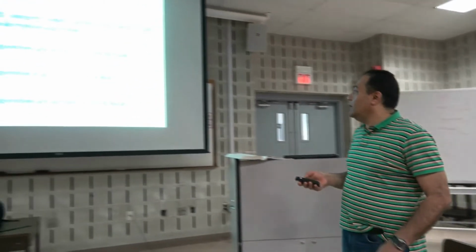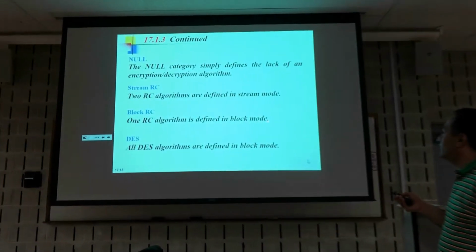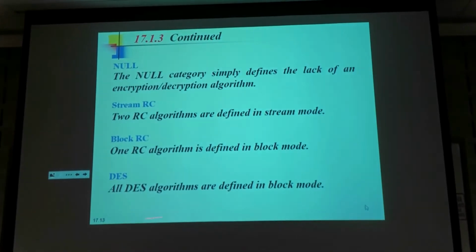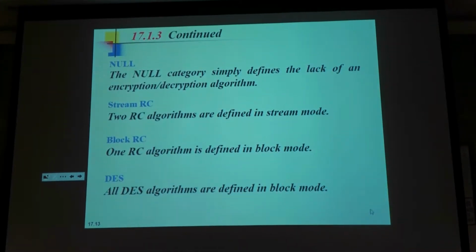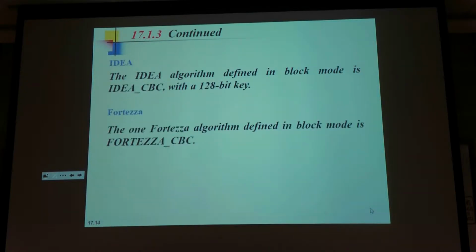And one RC algorithm is defined in a block mode, and these algorithms are all defined as block mode. The IDEA algorithm is defined in a block mode with a 128-bit key. Fortezza is one of the techniques, but we don't discuss it here.